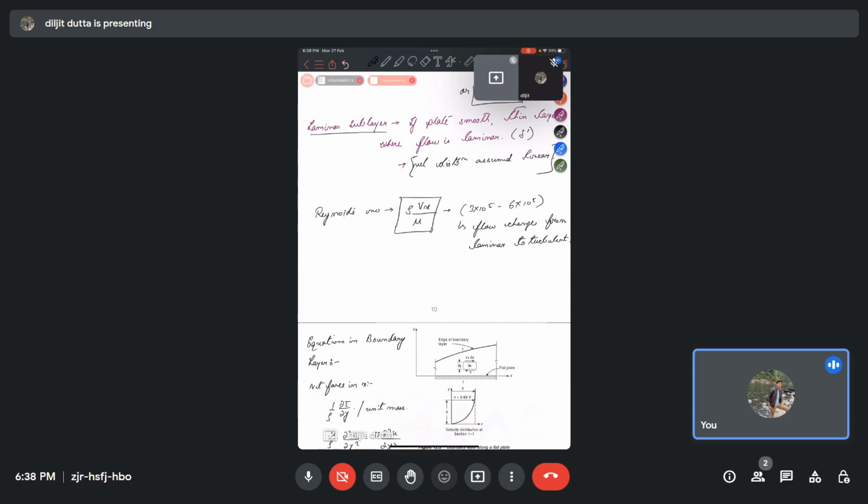I think there is also one definition. Just let me check. So this is displacement thickness.